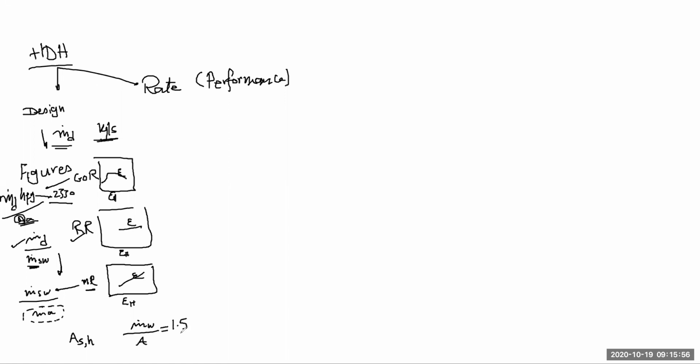You can pick a value between 2 to 4. It's all up to you, but we agreed that this is a reasonable selection. And then I would know the value of m dot water from here, m dot seawater. I know it, and this is a constant, so I can get the cross-sectional area of the humidifier. So this is how we determine the dimension.